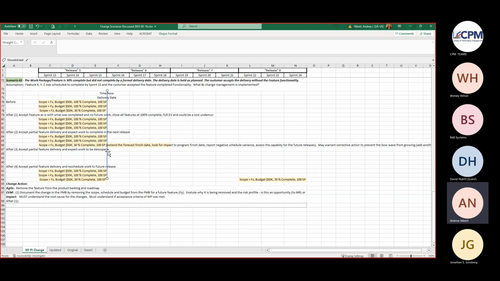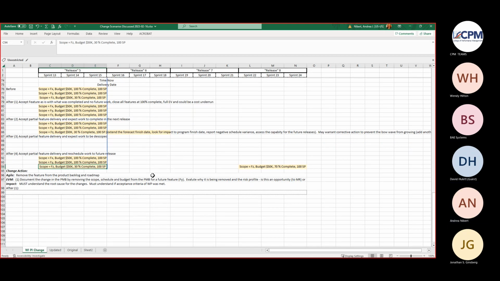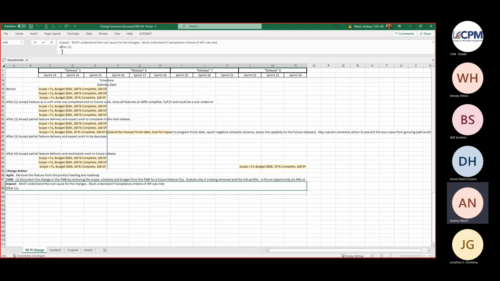If we are realizing this at this point in time now, that 35K of budget is trapped, right? Because it's time now. So what do you guys think? And this is definitely going to take a lot more writing.